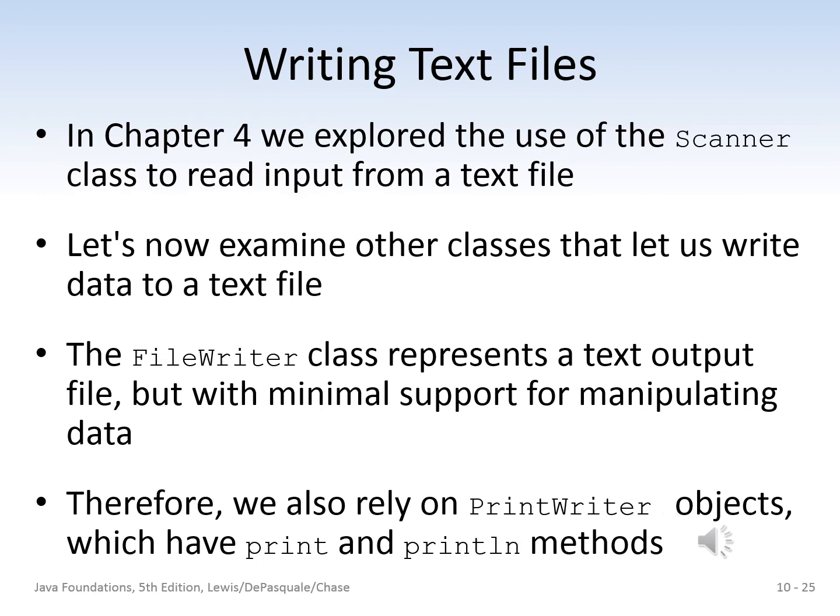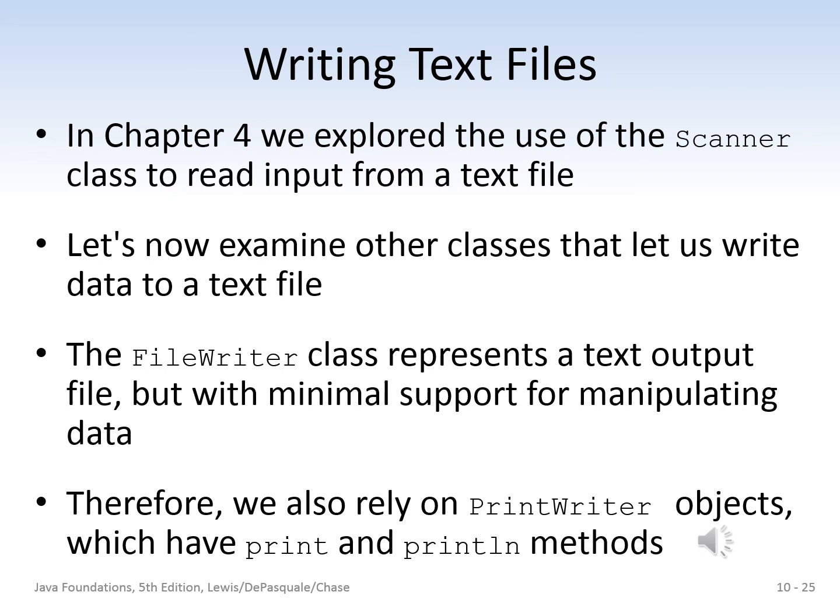Back in chapter 4, we introduced the Scanner class, which enabled us to read input from a text file. Now we need to take a look at other classes that let us write data to a text file. The FileWriter class represents a text output file, but with minimal support for manipulating data.